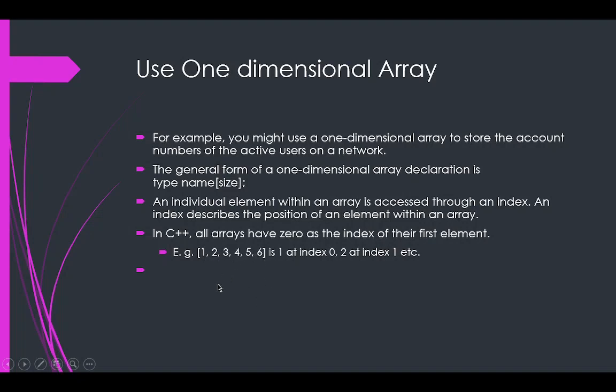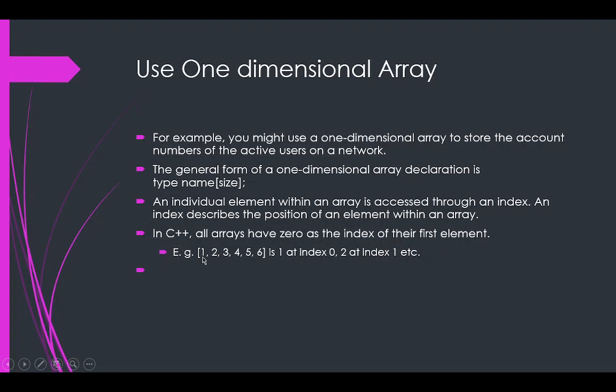So whenever you are counting with arrays, you will always start at index 0. Meaning that when you want to access the first element in an array, that first element is going to be at index 0. Just like what we are saying here. In C++, all arrays have 0 as the index of their first element, right?